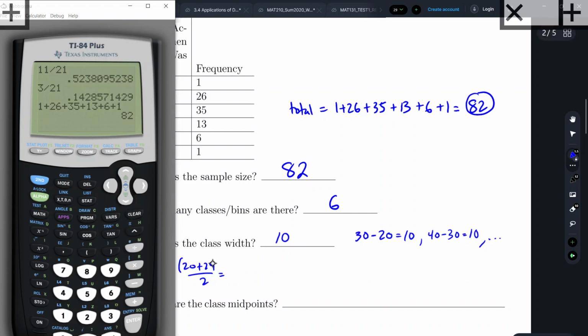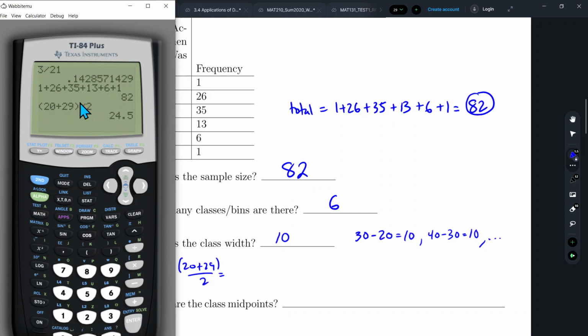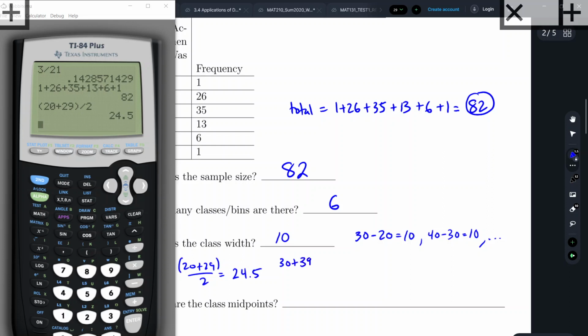So here we need parentheses so that we can make sure the calculator follows the order of operations. So 20 plus 29 divided by 2 gives me 24.5. And then the next one would be 30 plus 39 divided by 2, which would be 34.5.